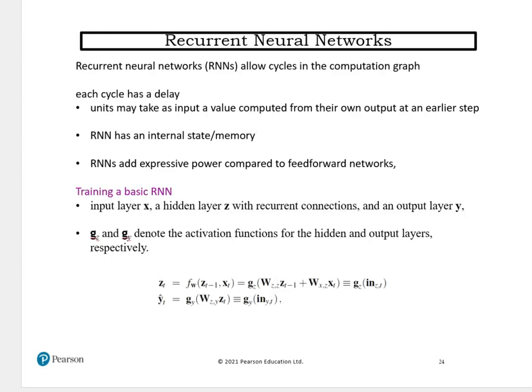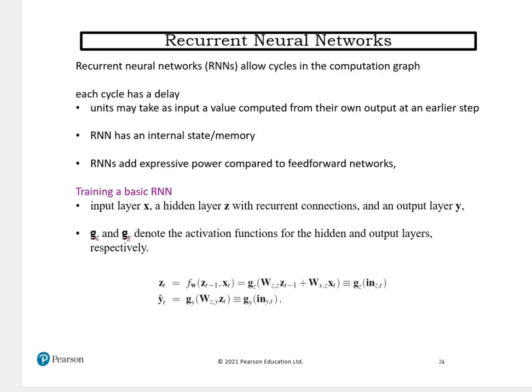So recurrent neural networks are different from feed-forward networks in that they allow cycles in the computation graph. In all the problems that we look at, each cycle has a delay, so that units may take as input a value computed from their own output at an earlier step in the computation.